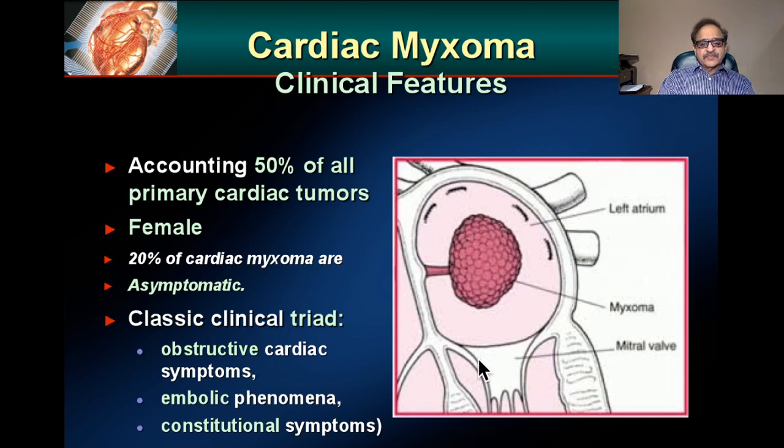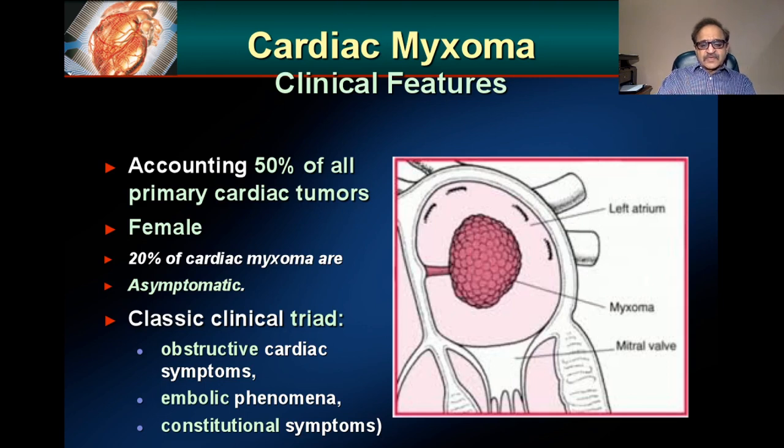However, this myxoma can obstruct the mitral orifice during diastole, and it can lead to syncope, and it may break and embolize to different vessels in the peripheral circulation. Patients who have cardiac myxoma may have symptoms like fever and body aches.